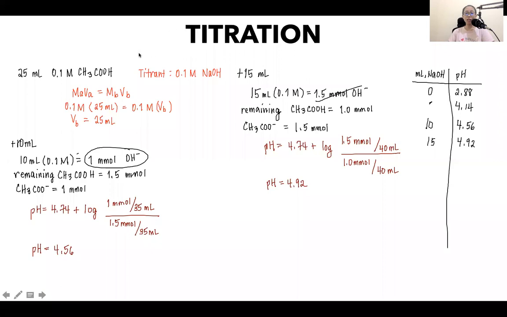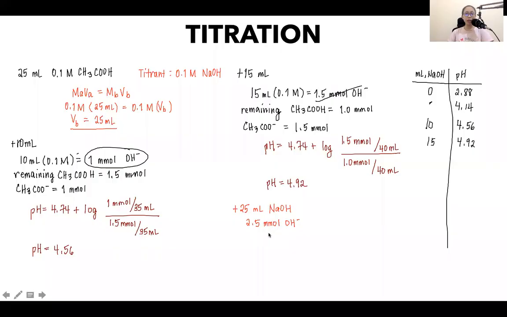So now let's try to compute for the pH at equivalence point. So we determined that we need 25 ml of sodium hydroxide solution to reach the equivalence point. Now this 25 ml of sodium hydroxide solution will give us 2.5 millimoles of hydroxide ions. And this is stoichiometrically equivalent to 2.5 millimoles of acetic acid.